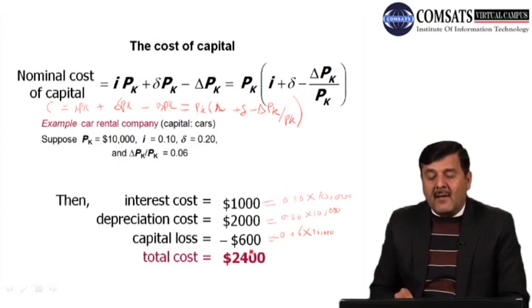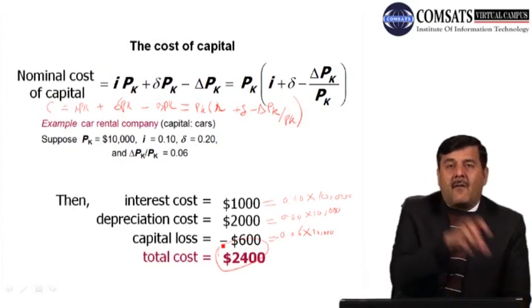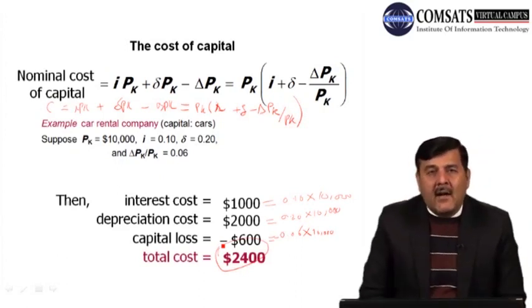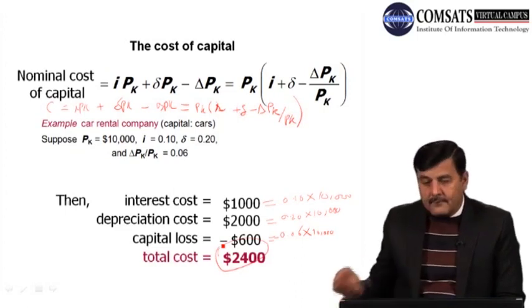So if we add up these three costs, interest cost, depreciation cost, capital loss, this will give us the total cost of capital, which is $2,400, right? So for a car rental company, if they want to add a new car, buy a new car, they have to bear the total cost, which is $2,400.